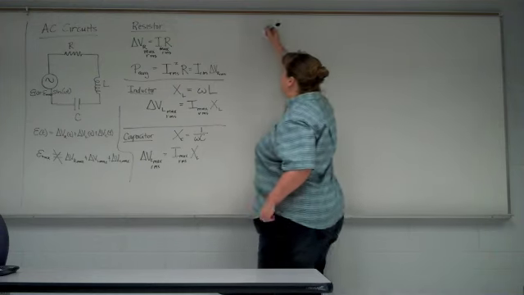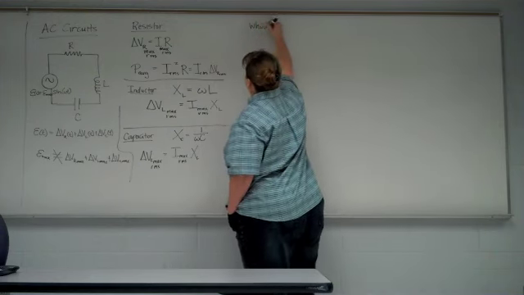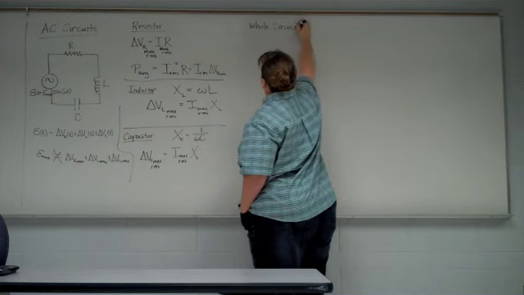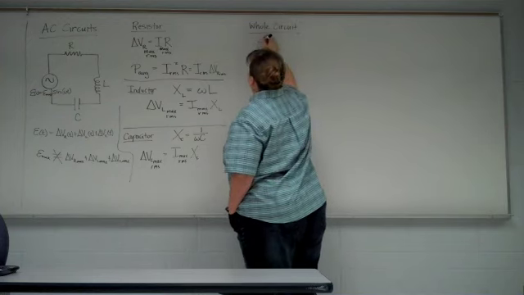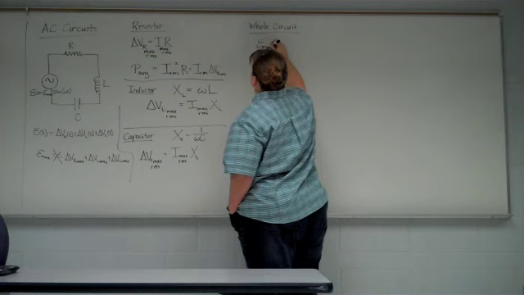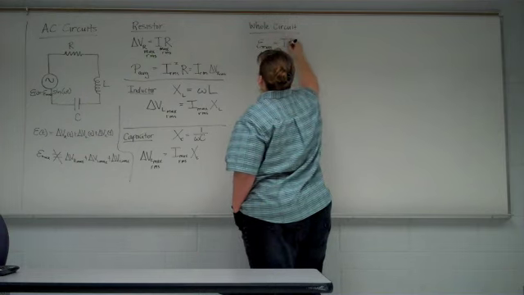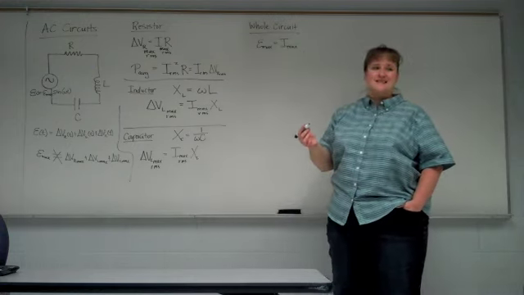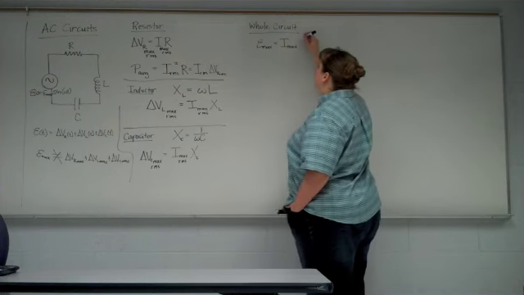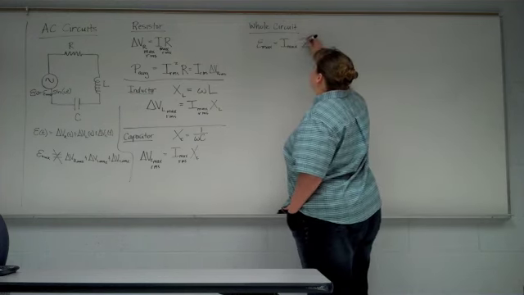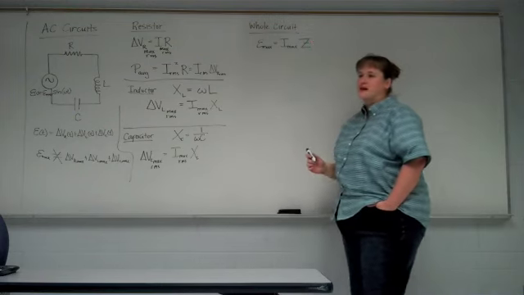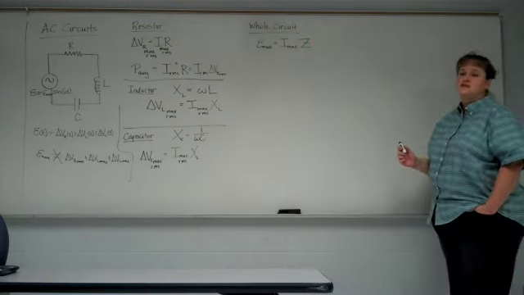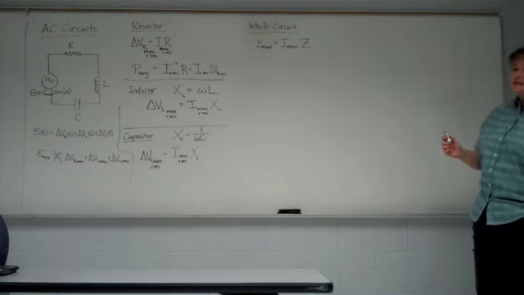So for the whole circuit, we're going to be able to say the maximum source voltage is equal to a maximum current times the overall resistance of the circuit. The overall resistance of the circuit we call the impedance, and we use a capital Z to represent it. So capital Z is called the impedance.